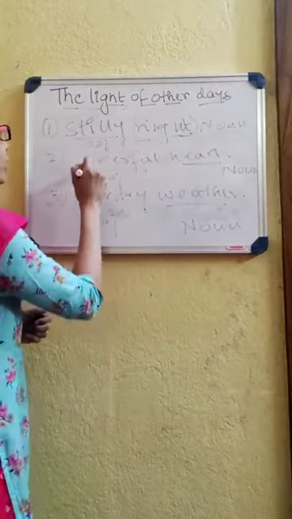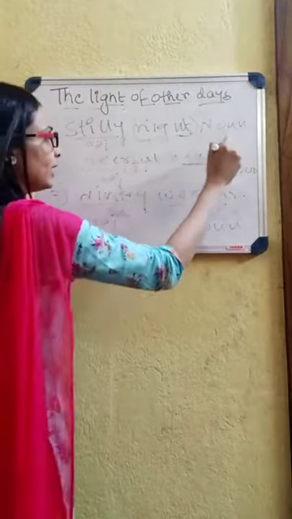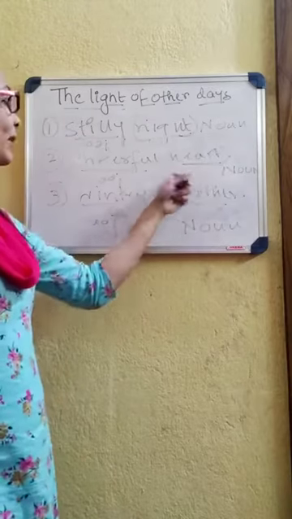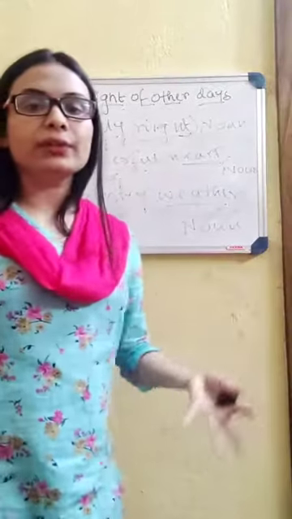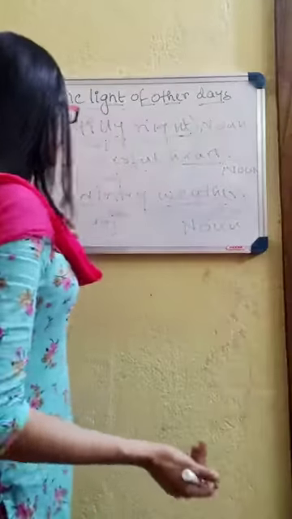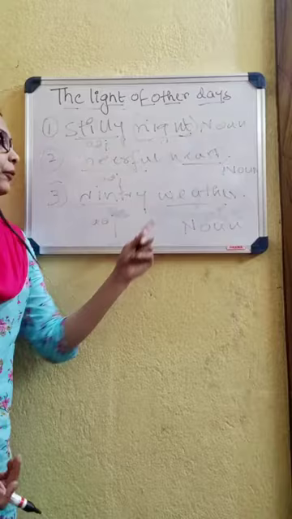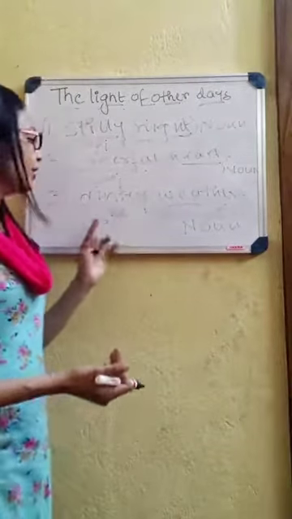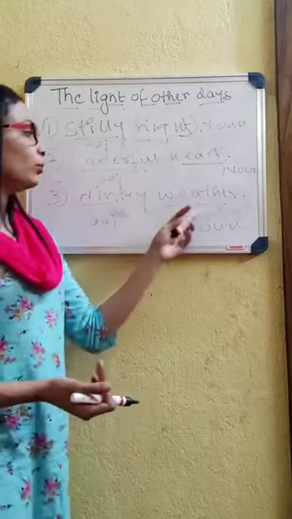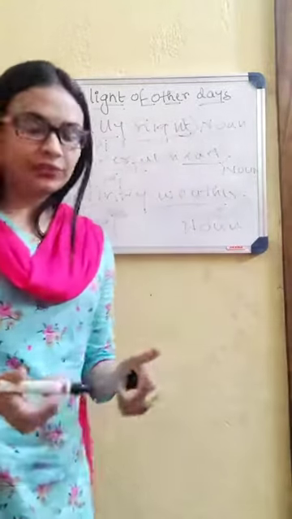Similarly, in the second phrase, cheerful heart. Heart is the noun, and it has been qualified by the adjective cheerful. What kind of heart? It was a cheerful, happy heart. And in the third, wintry weather. Weather is the noun. What kind of weather? A wintry weather. The weather noun is qualified by the adjective wintry.